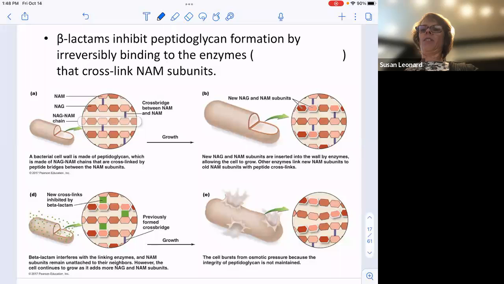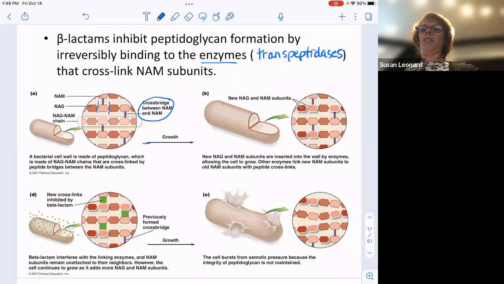Those amino acid bridges in the growing cell wall are made by enzymes called transpeptidases. We talked about that when we were talking about cell structure before, so maybe that rings a bell. Other enzymes called autolysins cleave the bonds between the sugars, but it's the transpeptidases that make the new cross bridges when the cell is adding new NAM and NAG subunits in order to grow its cell wall.